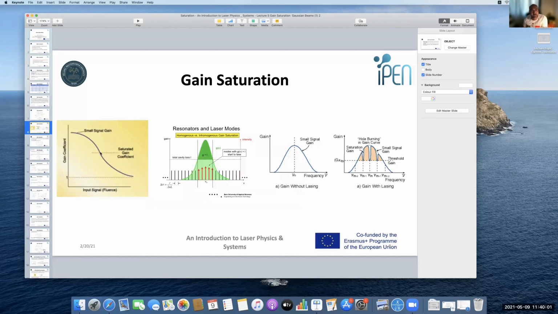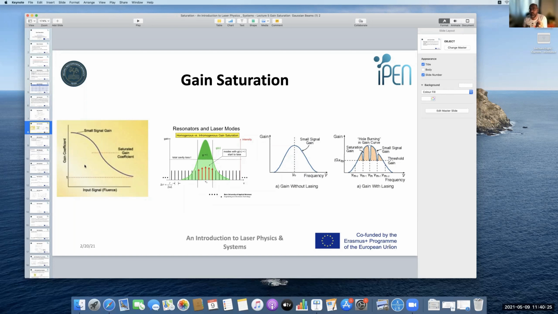And we said at this point, we define that the intensity within our cavity equals the saturation intensity. So from this point and down, our population inversion will continue to lower, until it is clamped to the threshold where the gain coefficient equals 1.